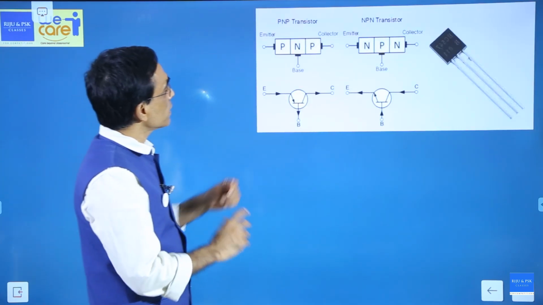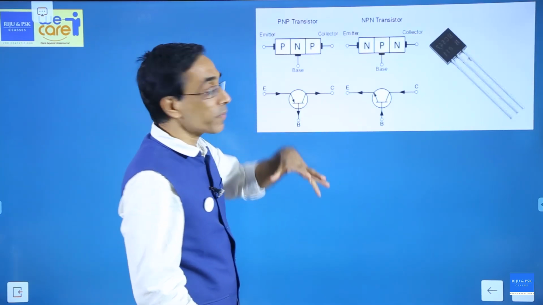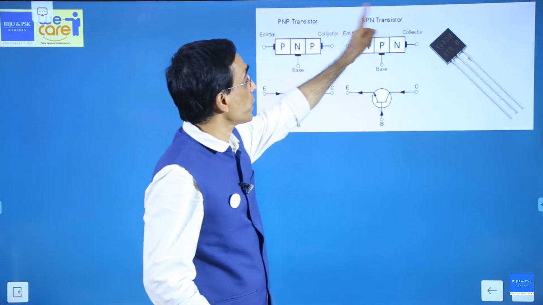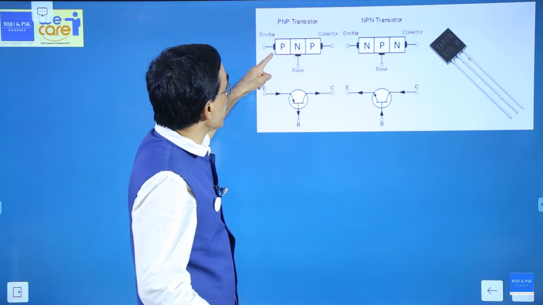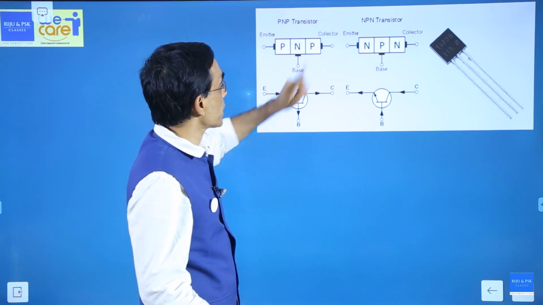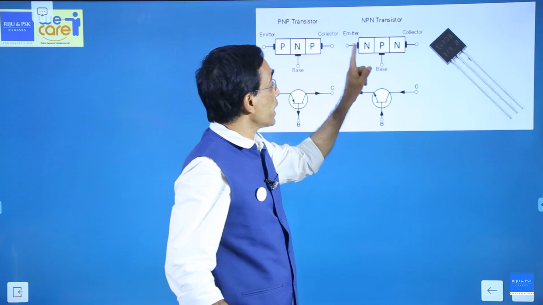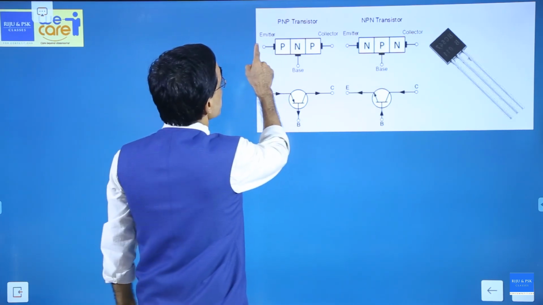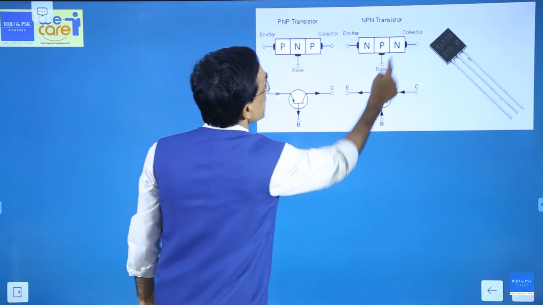Now, these are the two types of transistors that we are going to discuss. One is called PNP, another is called NPN. A PNP transistor has three segments: P segment, N segment, P segment. NPN: N segment, P segment, N segment. Three connections: emitter, base, collector.